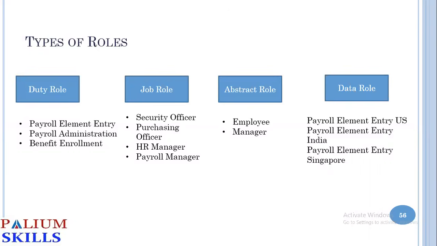And then you could have data role. Data role means giving access to parts of the data. Payroll element entry US, payroll element entry India, payroll element entry Singapore. So you can only enter the elements for US, for India, or for Singapore. That is data role. See if you understand this. Yeah, fine. This is clear, right?